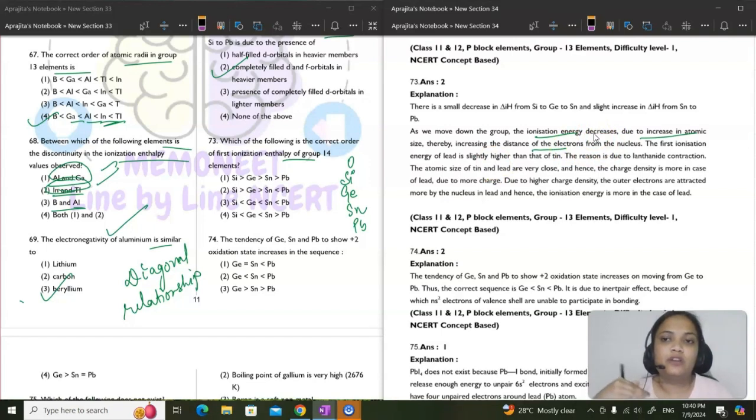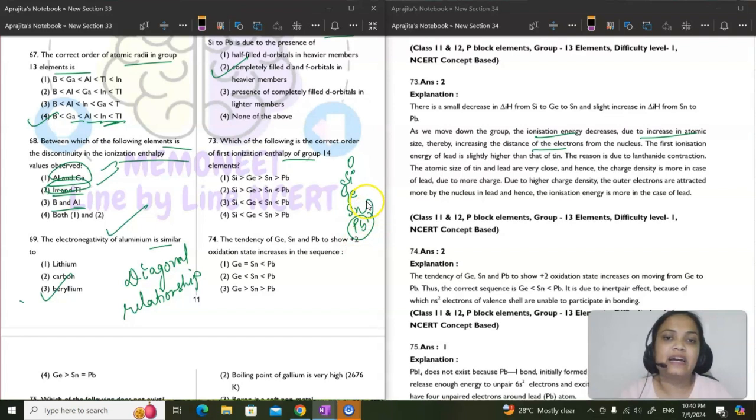But if I talk about first ionization energy of lead, it is slightly higher. It should be less than that of tin, but it is slightly higher than that of tin because of the lanthanide contraction. Because of the presence of 4f and 5f orbitals, there is poor shielding, and because of poor shielding, the atomic radii becomes less, meaning electrons are tightly held by the nucleus.